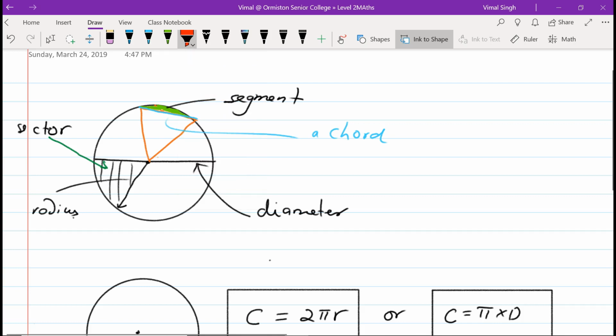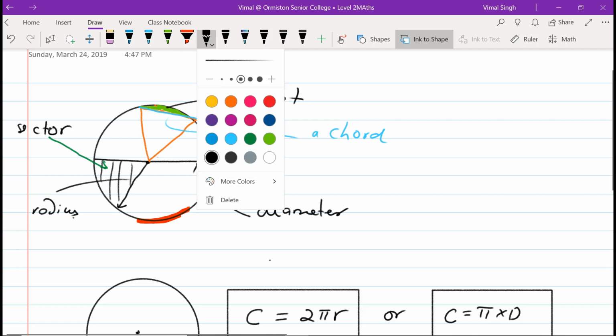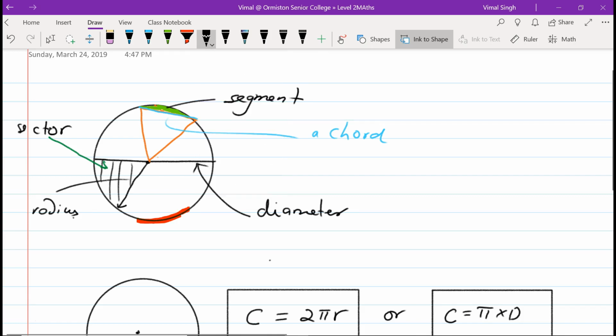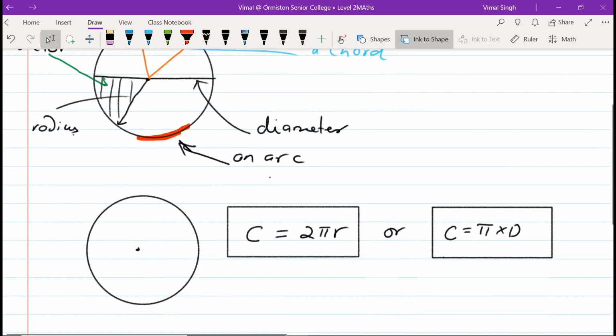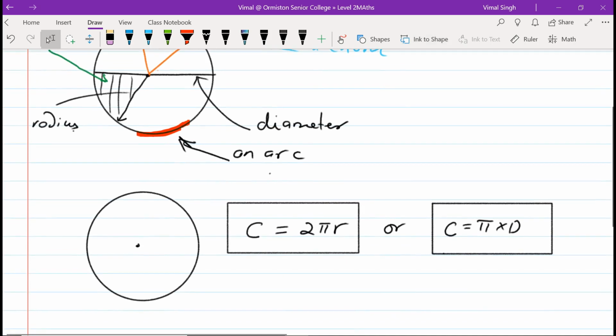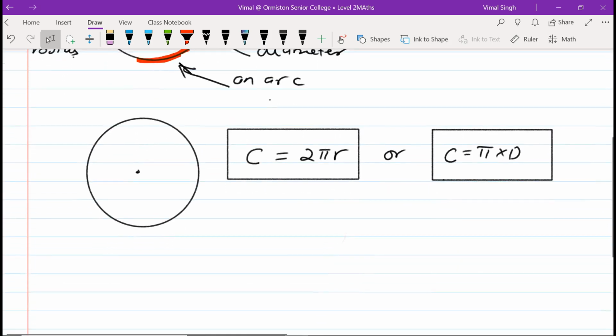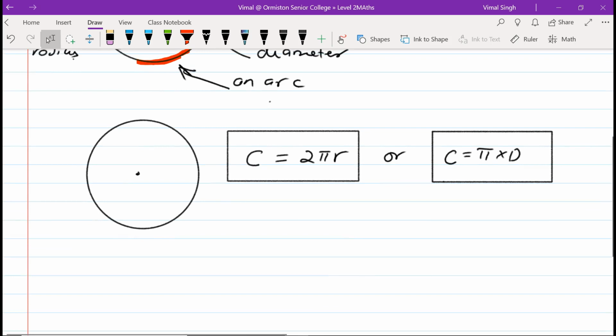Choose that, and let's say I'm looking at this bit over here, that is called an arc. Okay, so our task now is to work out the length of the arcs, and we know that the circumference is given as 2 pi r.